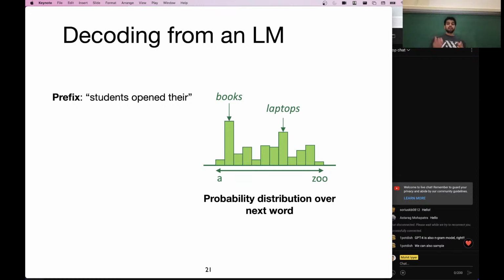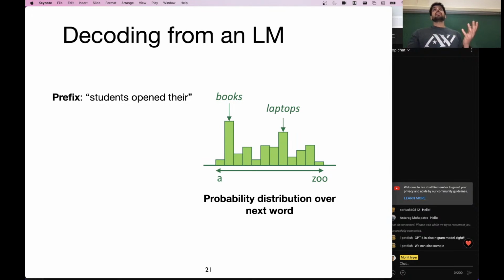Let's think about the storage costs of such an n-gram model. In a unigram model, I just have to keep track of every single word and how often it occurs in the corpus. In a bigram model, I have to consider every single word and every single word that it could co-occur with, so every possible combination of two words.